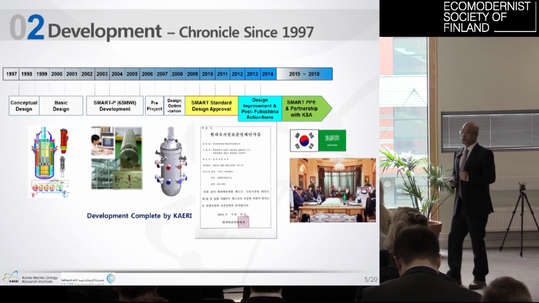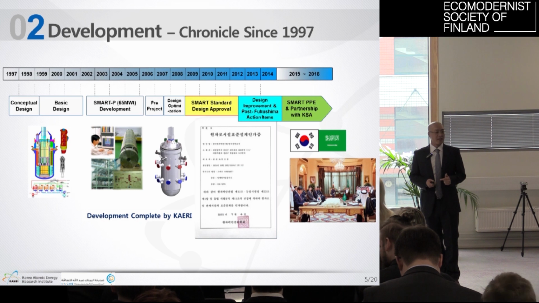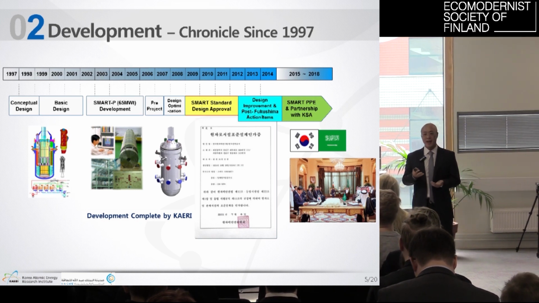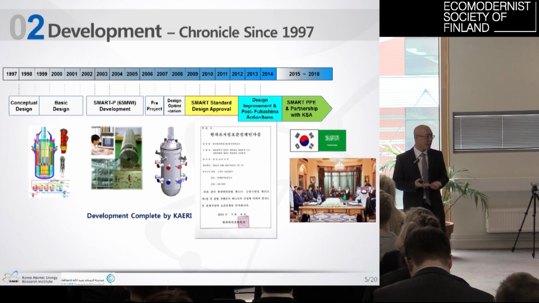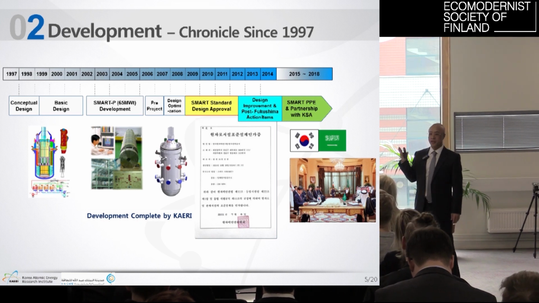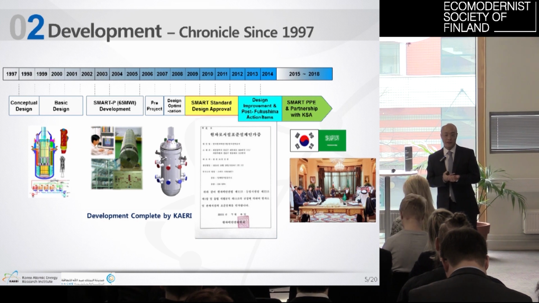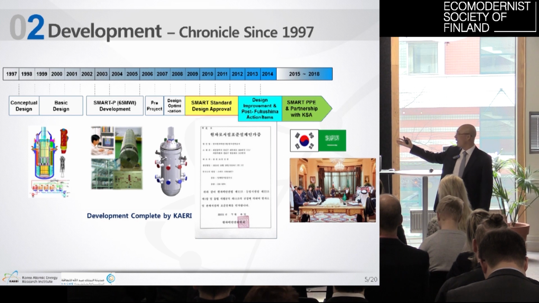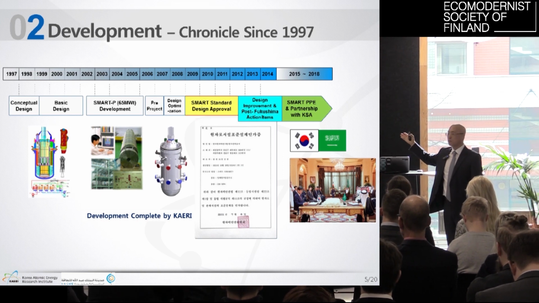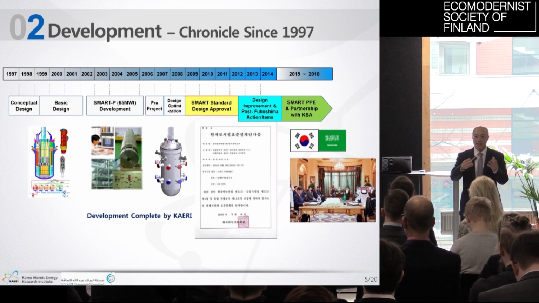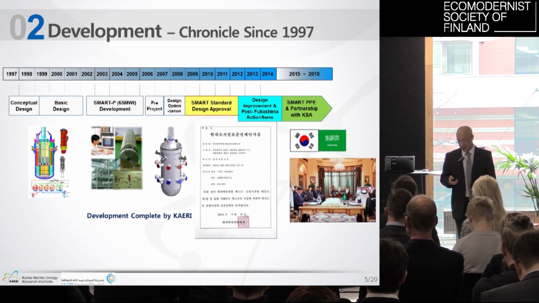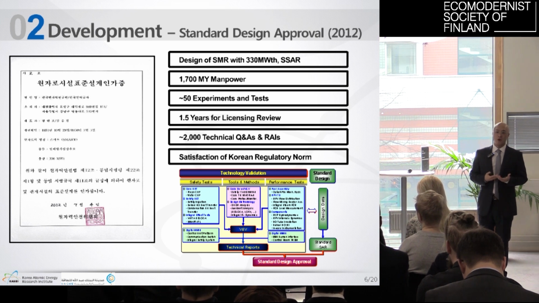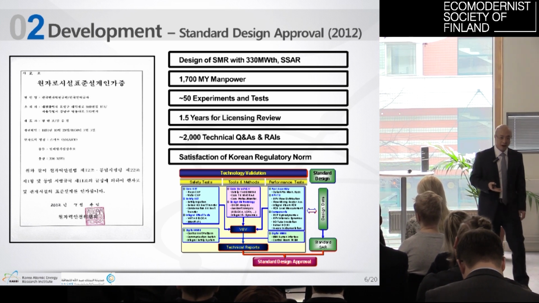This slide shows you the development history of SMART. SMART has been developed by KAERI since 1997. We have two very important achievements here. First is the SMART standard design approval, and second is the SMART pre-project engineering with KACARE of Saudi Arabia. SMART got standard design approval in 2012.